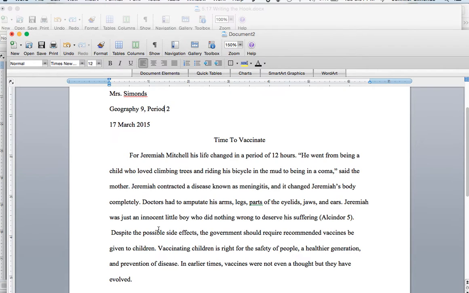Here's another one about vaccinations. This would be an anecdote, a little story that would be emotional, that would pull you in. So again, this here is the hook.